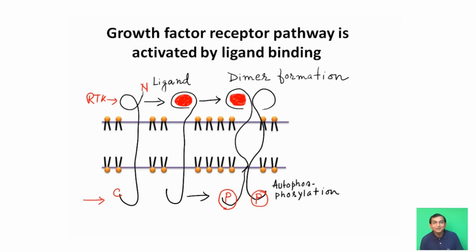When ligand binding occurs, with growth factors such as EGF, epidermal growth factor, or PDGF, platelet derived growth factor, at the N-terminal end, dimer formation takes place, that is receptor dimerization.